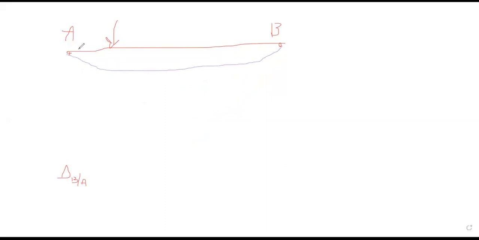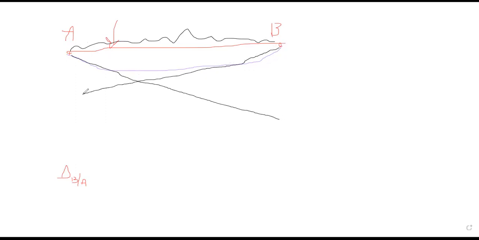We can assume any type of loading, right? It doesn't really matter, this is for the derivation. So let's consider the tangent at A is like this, and the tangent at B is like this.